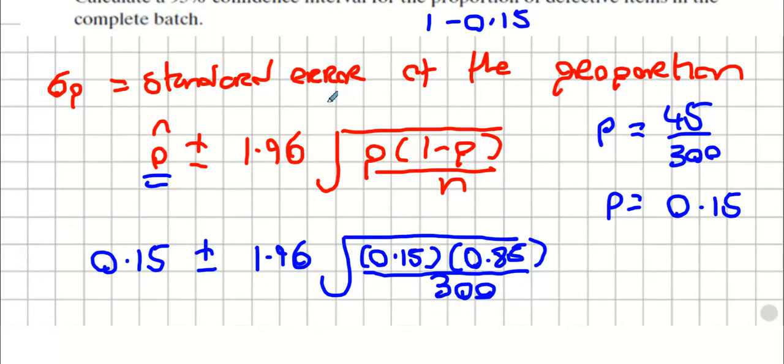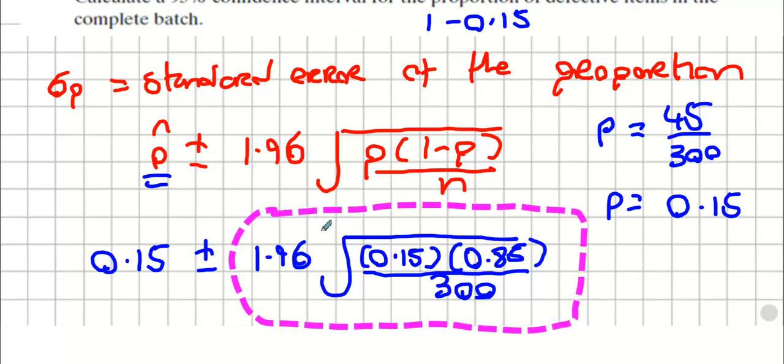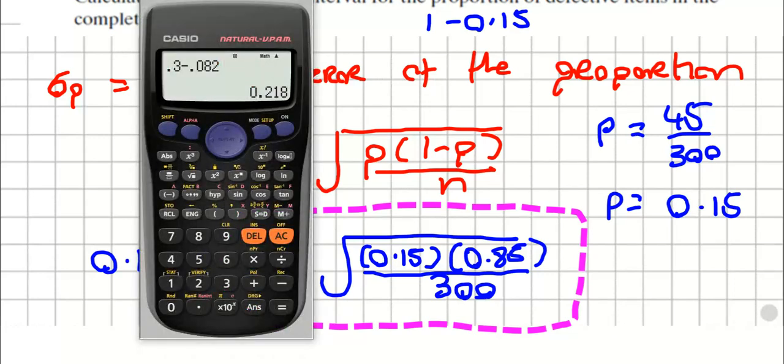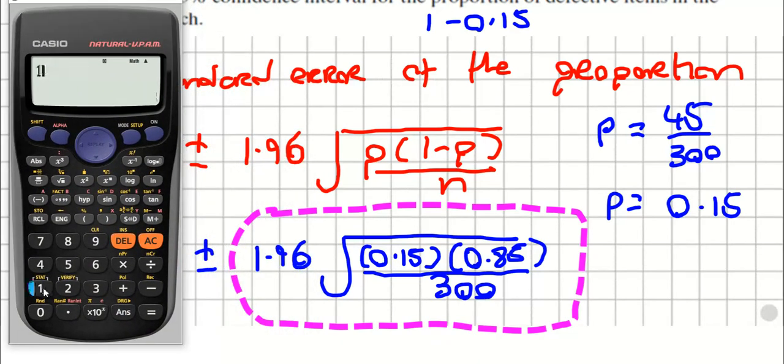Everybody into the calculator. I want everybody to calculate this part. Whoa, you did that fast. So it's 0.15 times 0.85. All right.